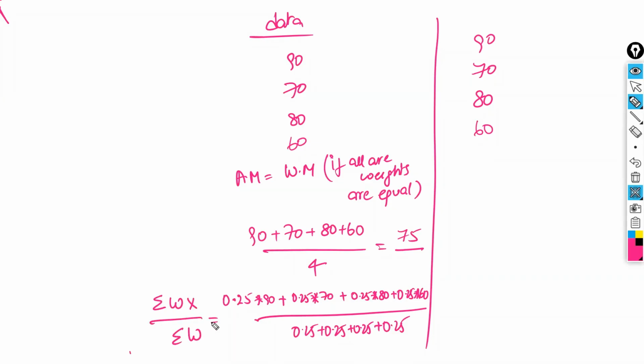I am multiplying each record's value by its corresponding weight, where the weights are 0.25, 0.25, 0.25, 0.25, and dividing by the sum of the weights. If you calculate this, the answer is going to be the same. 0.25 into 90 is 22.5.